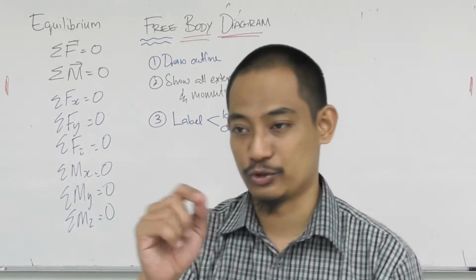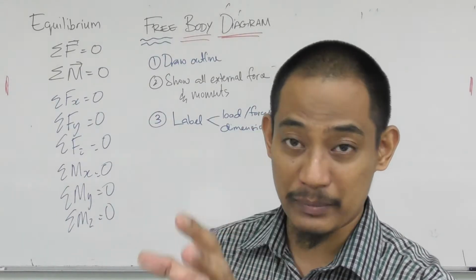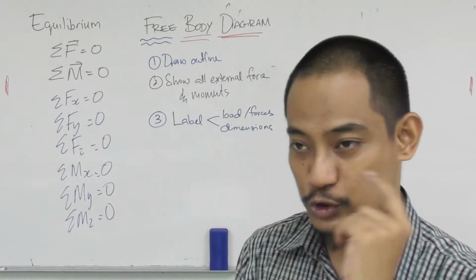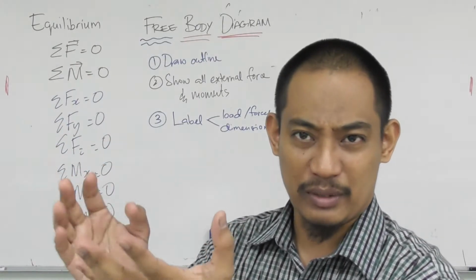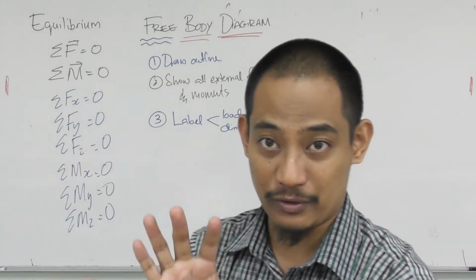In the equation of equilibrium, you will have the forces, either the number or the label FA, so it should exist in the free body diagram. You cannot have something not in the free body diagram suddenly appear in your equation of equilibrium. That is not correct. Something is wrong there.